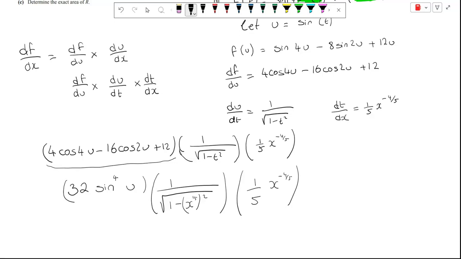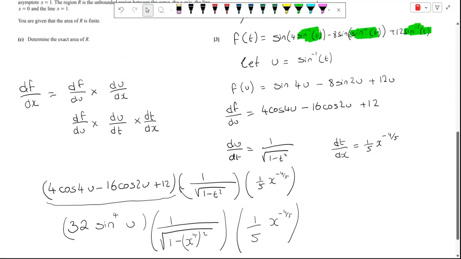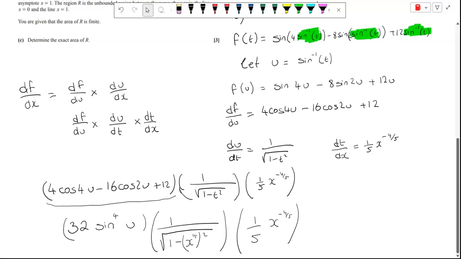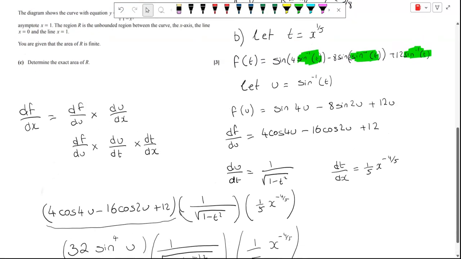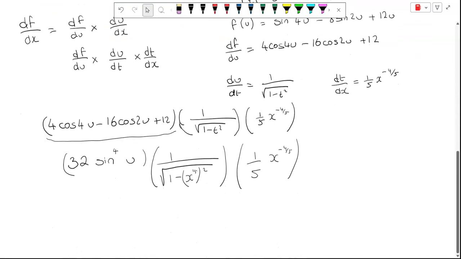Right. Now, what was u? Well, u is sine inverse of t, and t was x to the 1/5. So if I rewrite this, it says sine of u, which is sine of sine inverse of x to the power 1/5, all to the power 4.